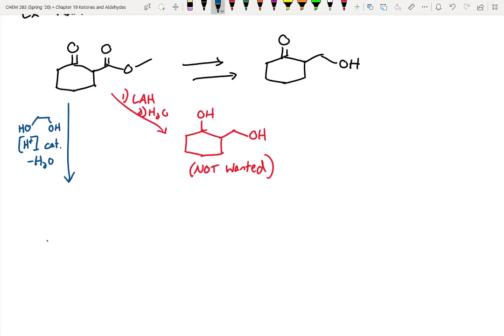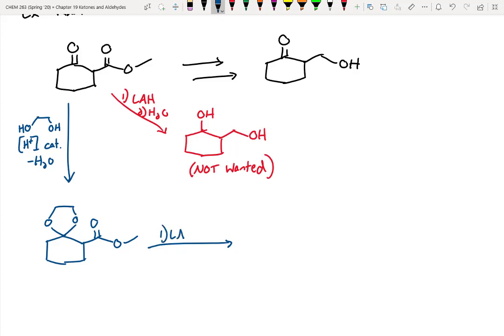When I do this, I'm going to get this 5-membered ring. The ester will not form any sort of product with ethylene glycol, so it'll just hang out. This reaction where you form a cyclic acetal or ketal only works with ketones and aldehydes, not esters, carboxylic acids, amides, anything like that.